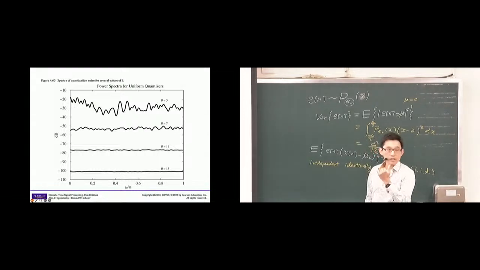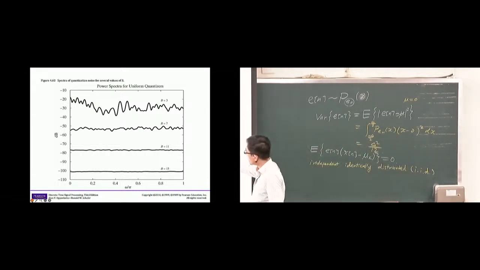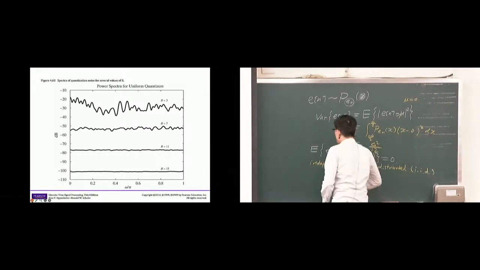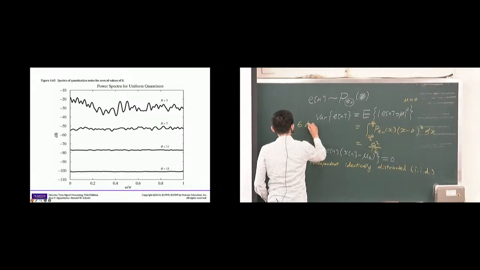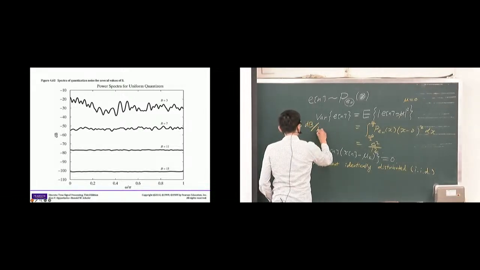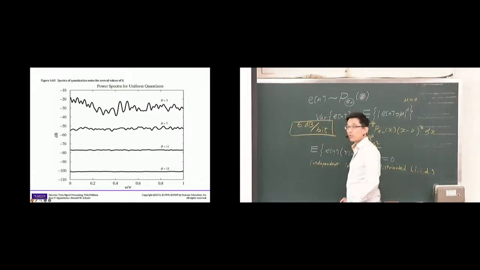So the same thing here from 8 to 12 bits: the distance is also about 6 dB per bit. When we increase by 4 bits, we expect the noise power to lower by 24 dB. It's a very useful piece of knowledge: 6 dB per bit improvement when we talk about quantization.